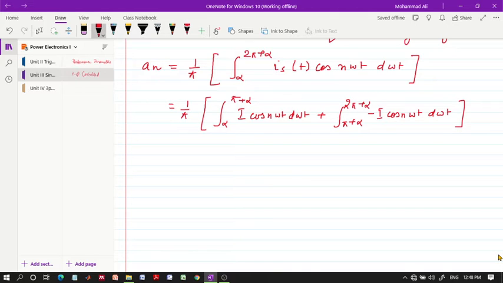So this is 1 upon pi, and this i will come outside because it is a constant term. Cosine of n omega t will become sine of n omega t divided by n, ranging from alpha to pi plus alpha, and I can take minus of i outside, because i is common in both the terms.